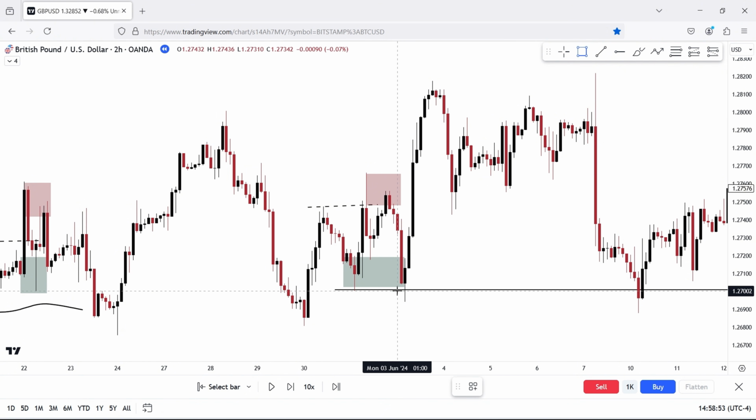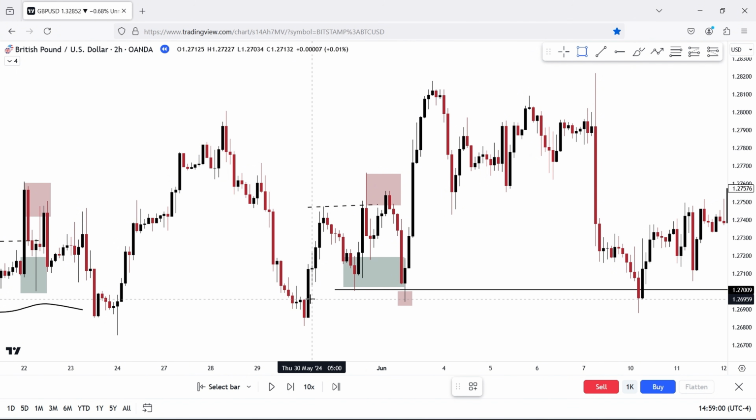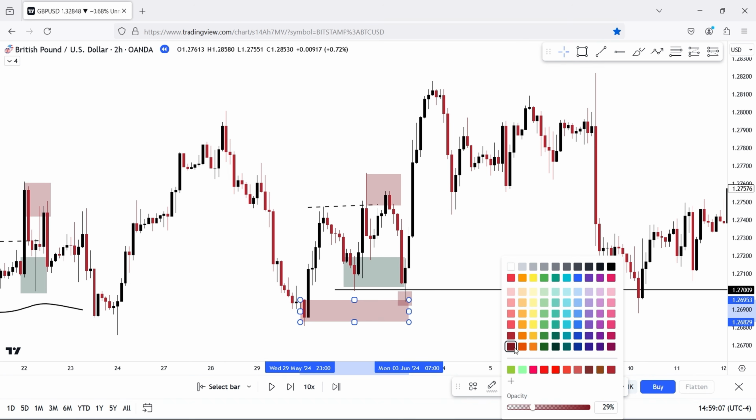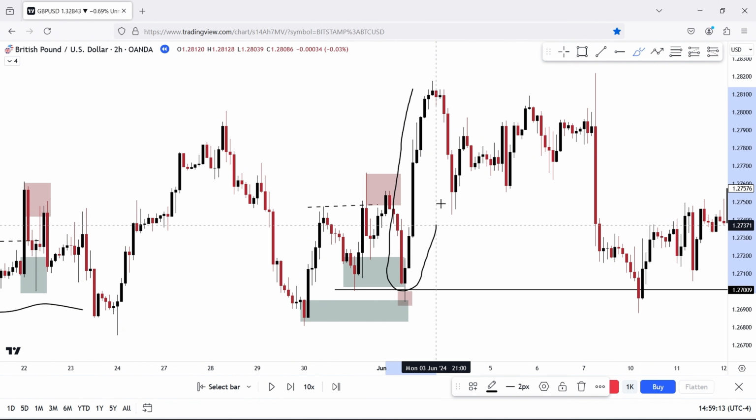So now price comes back down, grabs liquidity, traps the sellers, uses our order block right here, which would be our extreme demand level, and gives you this entire move. Now price has enough buying force to expand.